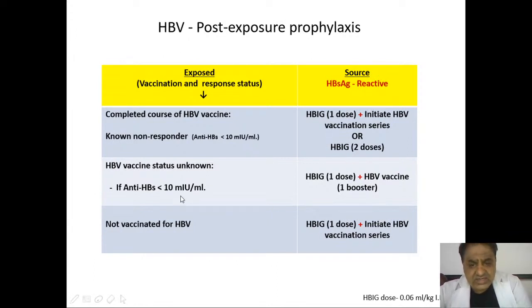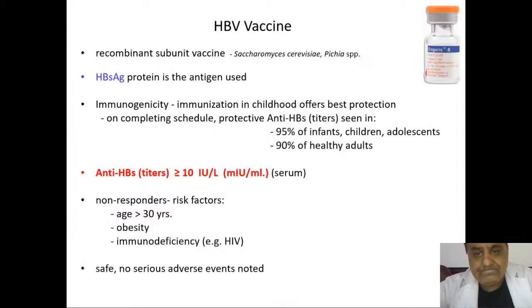If your titer is less than 10 and you don't know the vaccine status of the source, then you take 1 dose of immunoglobulin and the vaccine together, 1 booster. If you're not vaccinated, take 1 dose of immunoglobulin and start the vaccination. So in short, you have to take the immunoglobulin and vaccine combination depending on the situation.